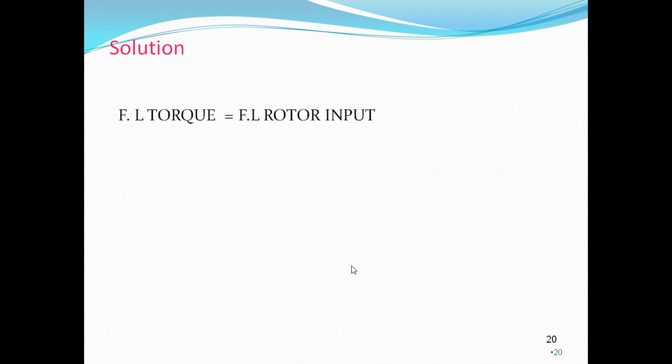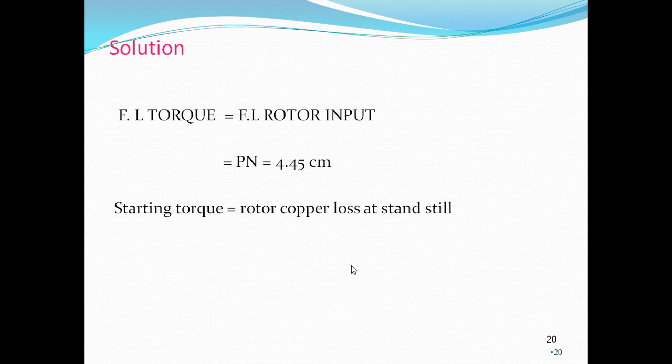Full load torque is equal to full load rotor input. So you measure the length PN. This PN is equal to full load torque, which is 4.45 centimeters.